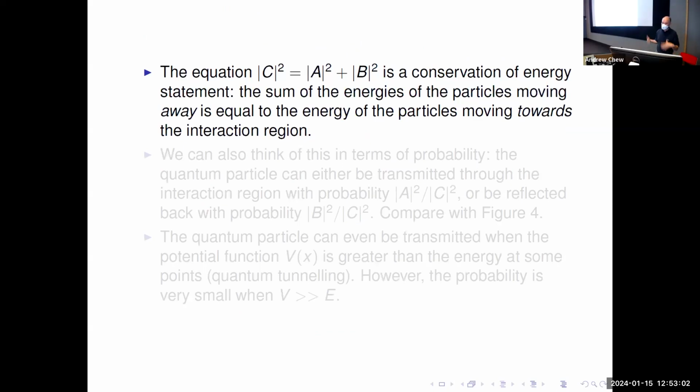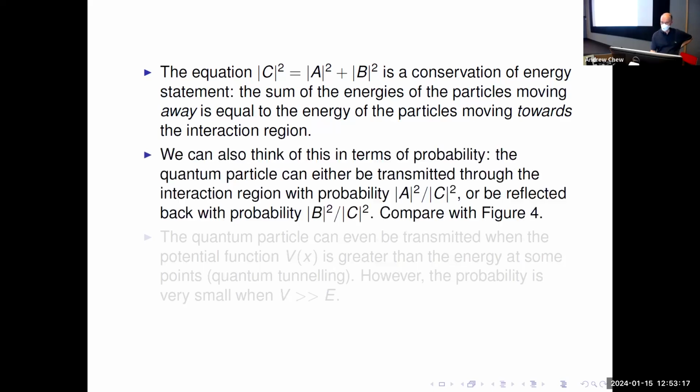And the equation itself is a conservation of energy statement. So the sum of the energies of the particles that are reflected back and transmitted is equal to the energies of the particles that are incident. We can also think of this in terms of probability, because of course in quantum mechanics particles have probability of being in certain places.